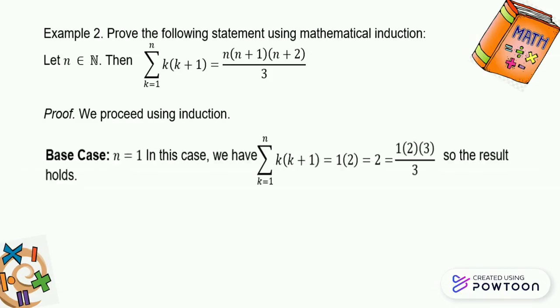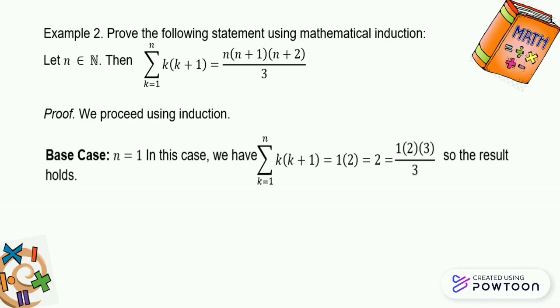We have the base case, n = 1. In this case, we have the summation of k(k + 1) equal to 1 times 2, which is equal to 2. So we substitute in the formula n(n + 1)(n + 2)/3.